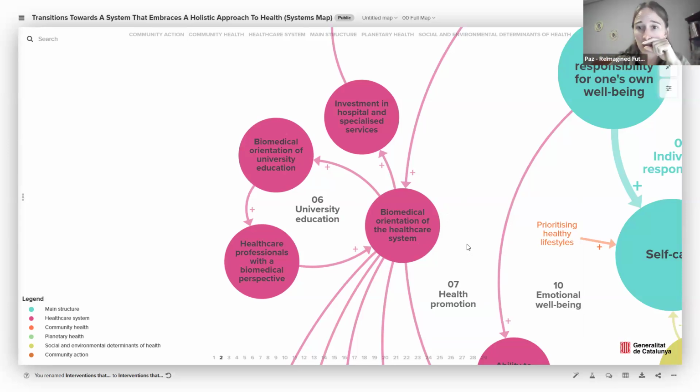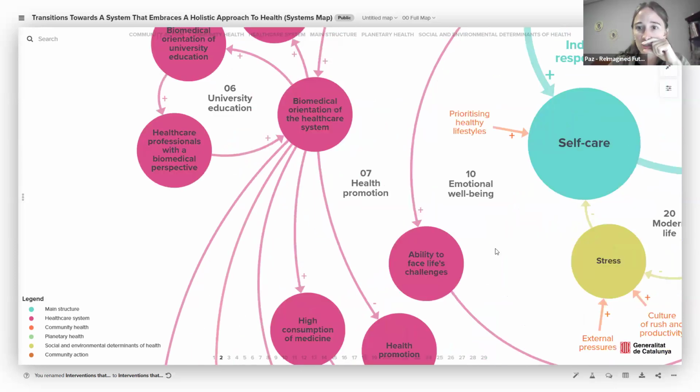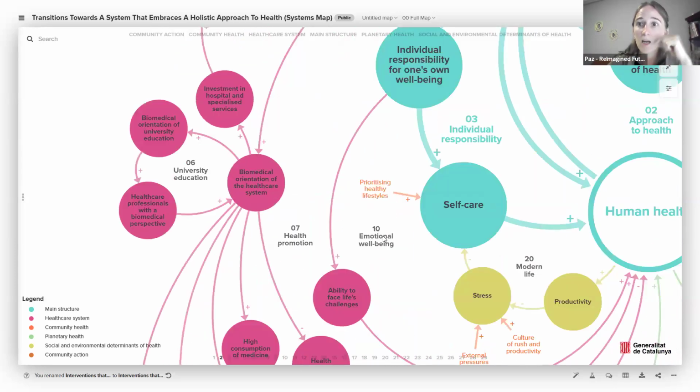And actually, you reminded me that the psychiatrist who told us about this loop is also a professor, and I think he teaches at a university, I don't remember which, but he's advocating for a more holistic approach to health. I don't know what GenCat's role will be there, but I know they are trying to generate these conversations.